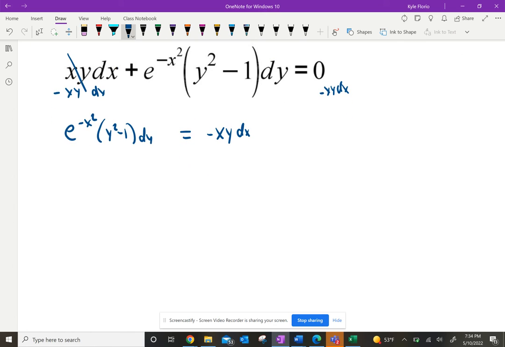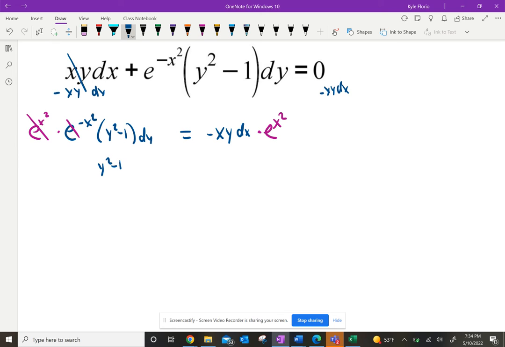Now I need to get this x squared out of here, and one way I could do it, you can divide both sides by e to the negative x squared, but equivalently, that's the same thing as multiplying both sides by e to the positive x squared. Because if we take e to the x squared times e to the negative x squared, we add the exponents. And x squared minus x squared is 0, so we get e to the 0, which just cancels out.